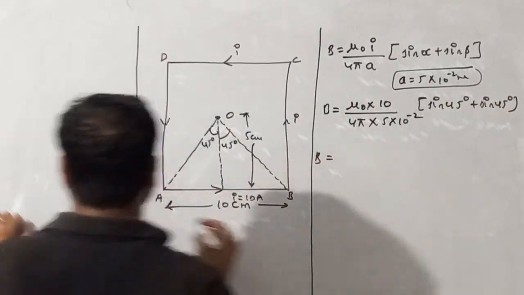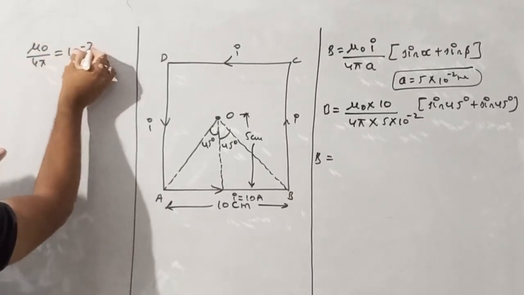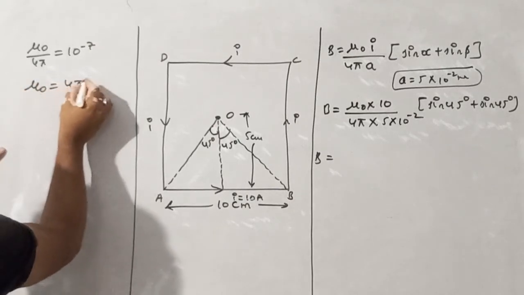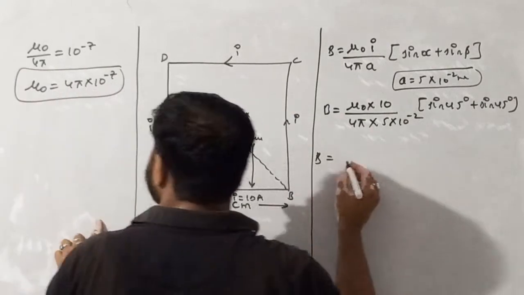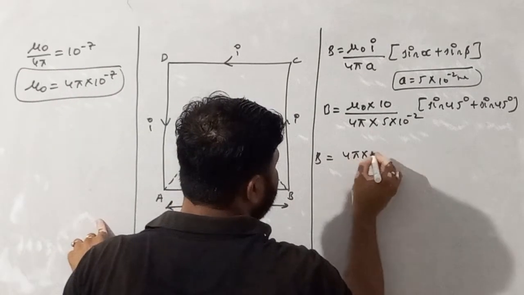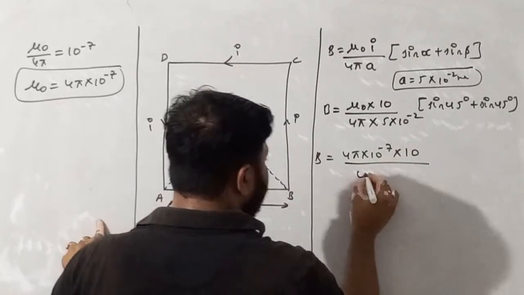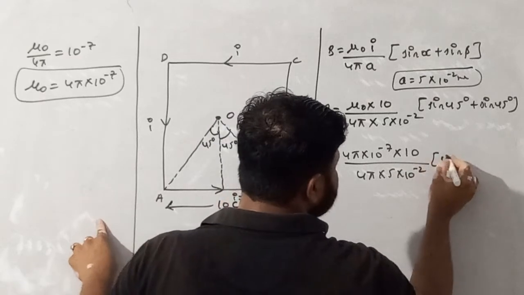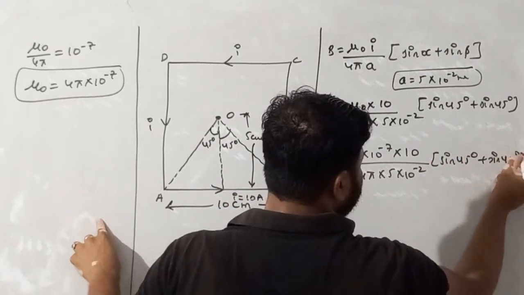As we know that mu naught upon 4 pi is 10 raised power minus 7, so instead of mu naught, we can write 4 pi into 10 raised power minus 7, multiply 10, divided by 4 pi multiply 5 into 10 raised power minus 2, sin 45 plus sin 45.